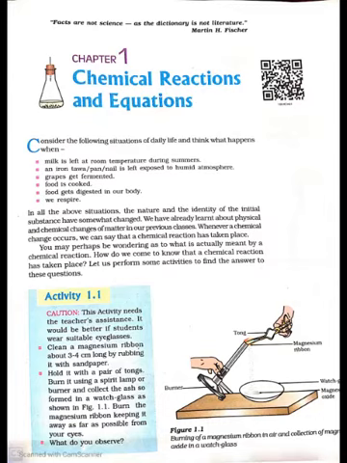Sulfur, reactant 1, product 1. For oxygen, reactant 4, product 4. As the number of atoms of each element is the same on both sides of the arrow, 1.3 is a balanced chemical equation.